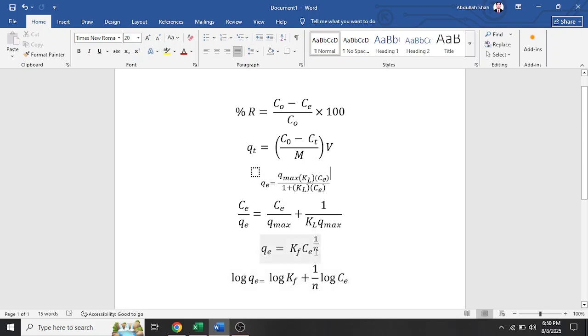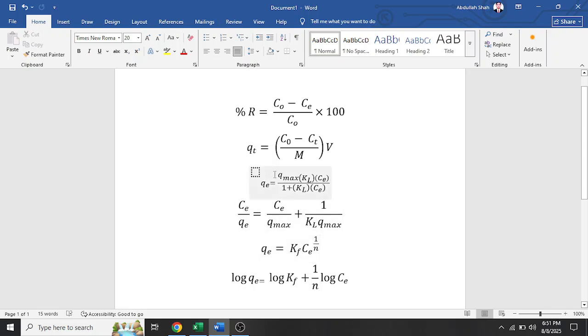We will put 1 over n in this place. We will obtain k from the y-intercept. We will put the k value in this place. These are the constants, this and this, and we will plot CE against QE. So we will get the Freundlich plot, or the Freundlich model. This is the Freundlich model, this is the Langmuir model.